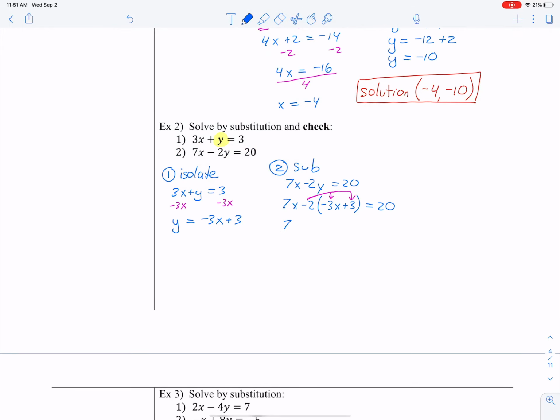So now we have 7x plus 6x minus 6 is equal to 20. And we're going to combine our similar variables here, so 7x and 6x. So we get 13x minus 6 is equal to 20.